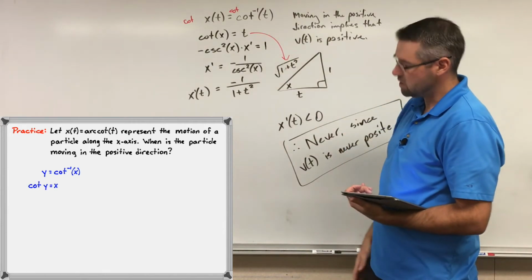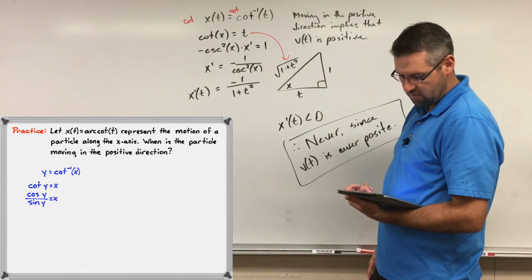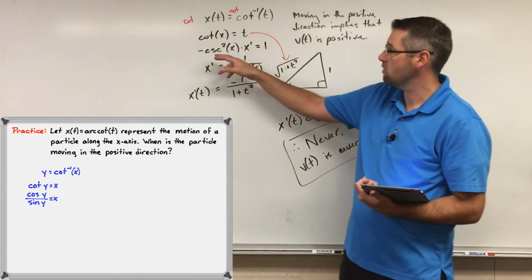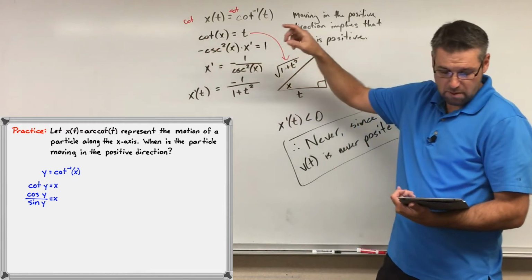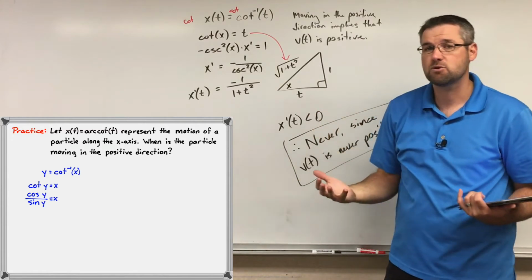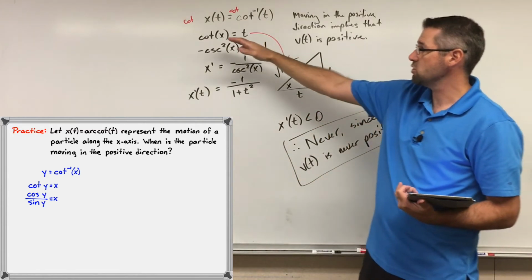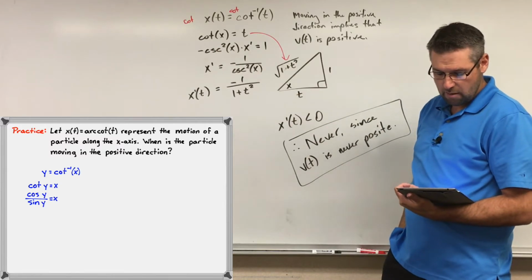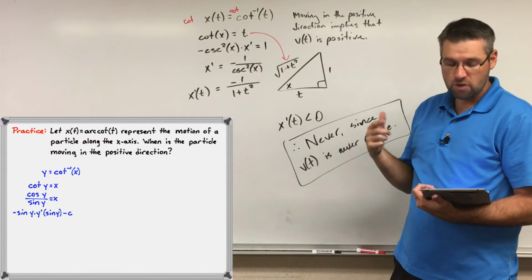But anyways, take the cotangent of both sides, take the derivative of that, and notice I actually went back to the definition of cotangent being cosine over sine, because maybe I don't remember the derivative of cotangent directly. Maybe I don't remember it's negative cosecant squared. So we're going to have to apply the quotient rule here.